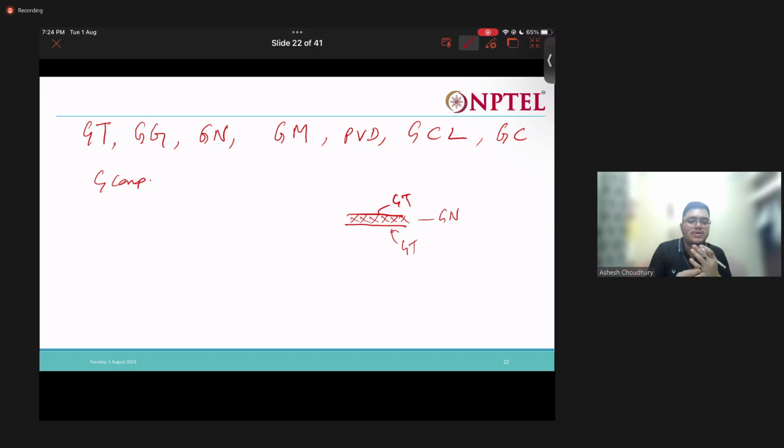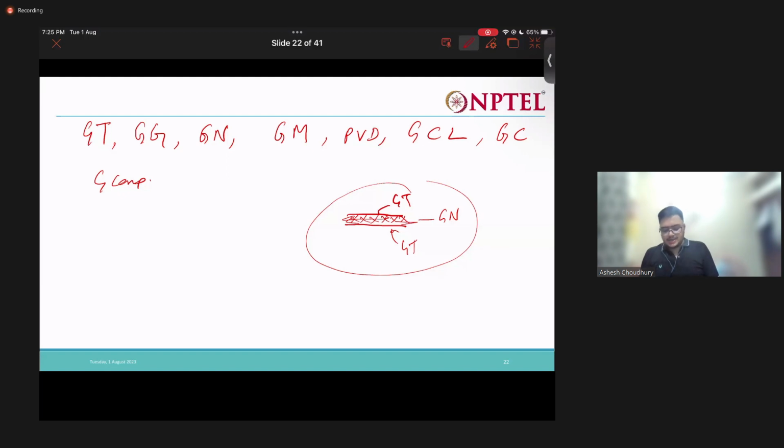This geotextile will act as a filter material, allowing water to pass through it and not the soil, and this geonet will act as a drainage layer. So this whole arrangement forms a geocomposite. Geonet along with geotextile can form a geocomposite.